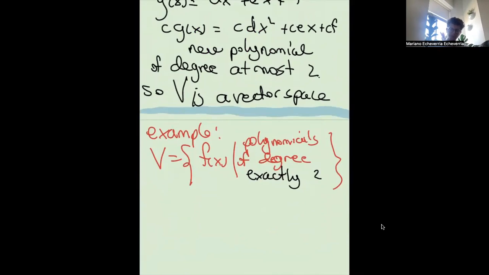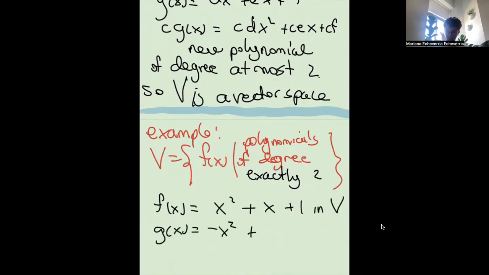So for example an element in V is x squared plus x plus 1, and what's another element in V? Well, also minus x squared plus x plus 1, right?